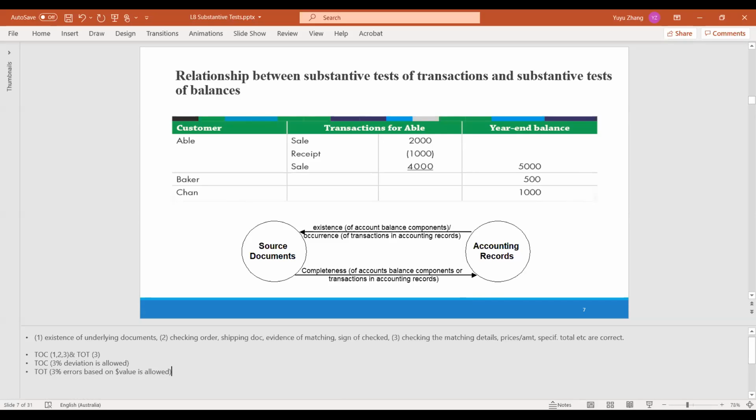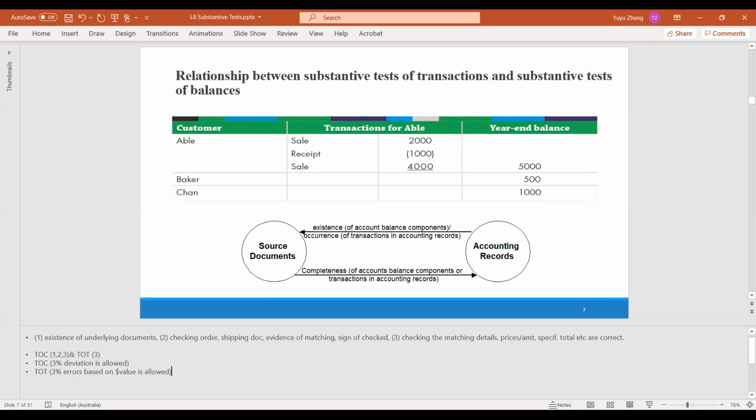Okay, so now listen, we have a few questions for you. In testing result 1, no missing documents have been found in the sales sample, but in 4 sales, there was no evidence to show the documents have been matched by an authorized person, which the total amount of those 4 invoices is about $250.